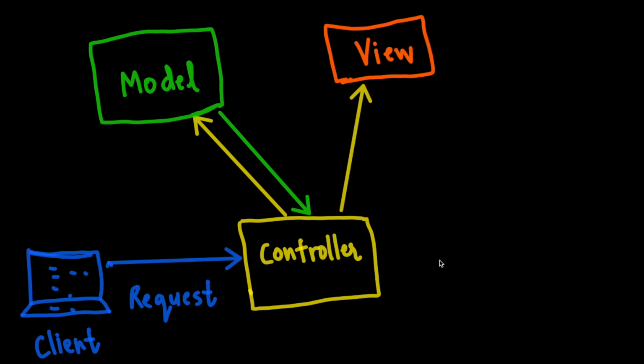And then the controller tells the view what to show, right? And the view makes this HTML page, and then gives it back to the controller. And then the controller passes the view to the client, and the view consists of the styling, the page, the HTML, as well as dynamic data from the model itself.